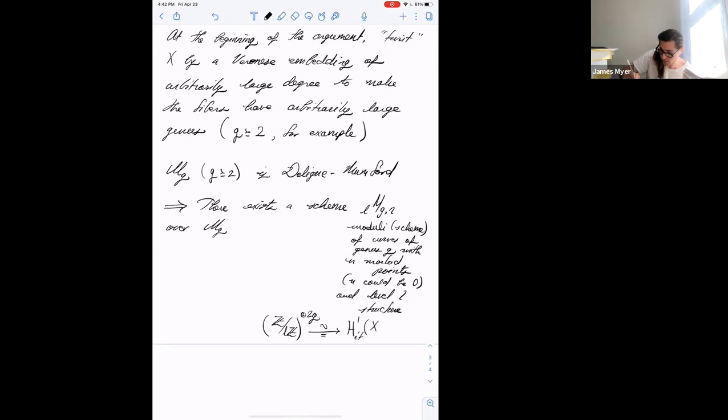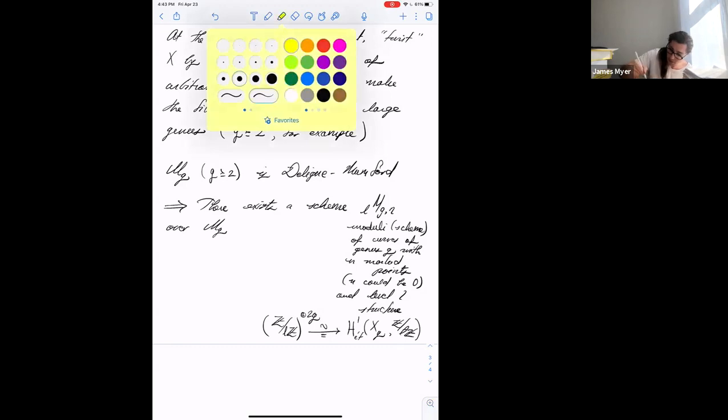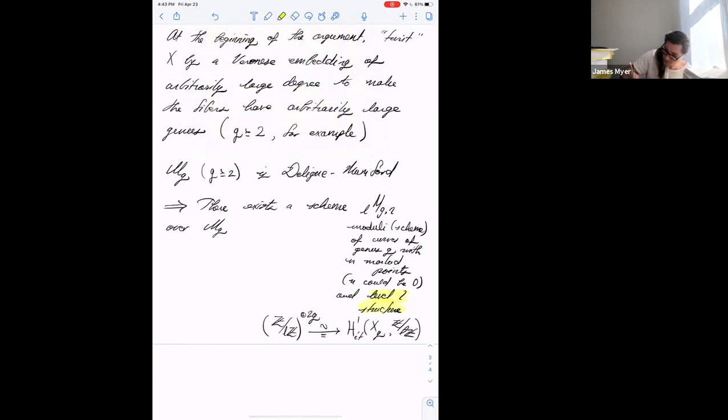So I'll call this X sub Y with Z mod L coefficients. You pick some isomorphism, that's the level L structure. And then you have to say what L is. L can't be divisible by the characteristic, and in general I think it has to be bigger than 3, or it could be 3, depending on what's going on.